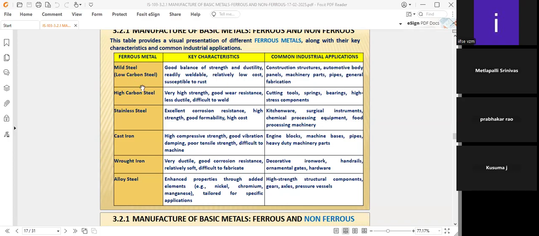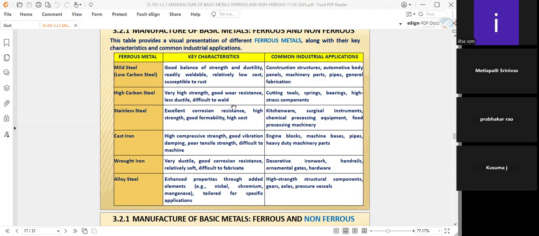Mild steel has a good balance of strength, ductility and rigidity. These are what we discussed in the previous slides. At a glance, we have given all these types of ferrous metals, their key characteristics as well as their common industrial applications.